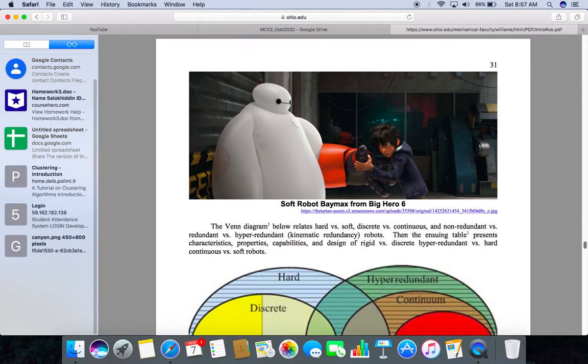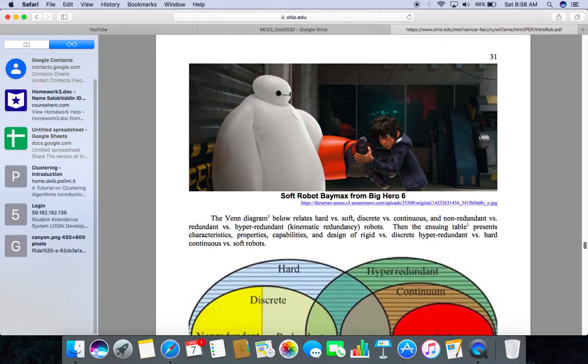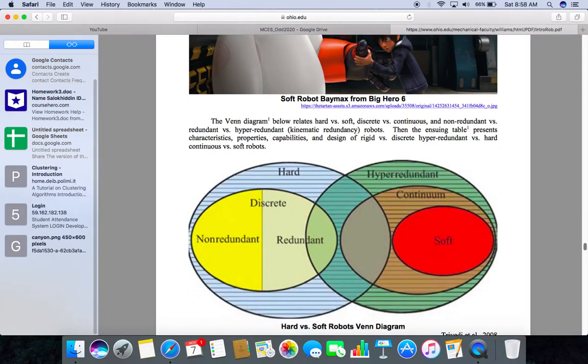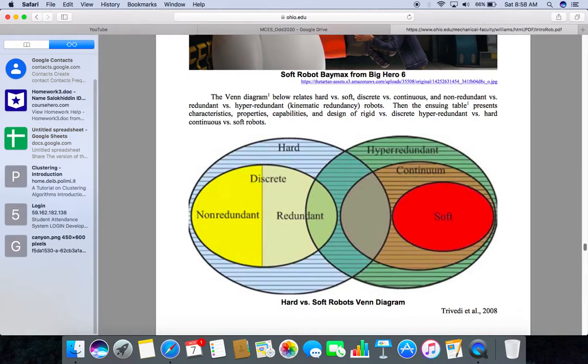The Venn diagram below relates hard versus soft, discrete versus continuous, and non-redundant versus redundant versus hyper-redundant kinematic redundancy robots. Then the ensuing table presents characteristic properties, capabilities, and design of rigid versus discrete hyper-redundant versus hard continuum versus soft robots. These are showing the hard versus soft robot Venn diagram.